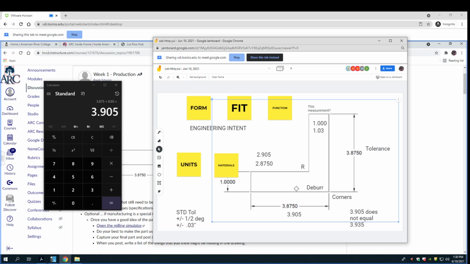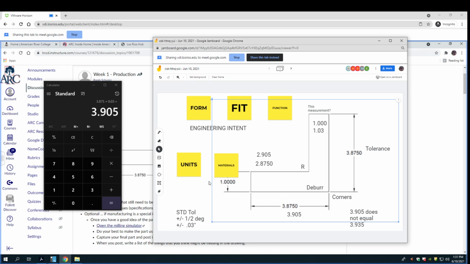Now I will say that architects do this double dimensioning all the time. And they do that because different trades read different parts of the drawings. And they want to make sure that each trade has all of the information. So this isn't always this way, but sometimes it is.